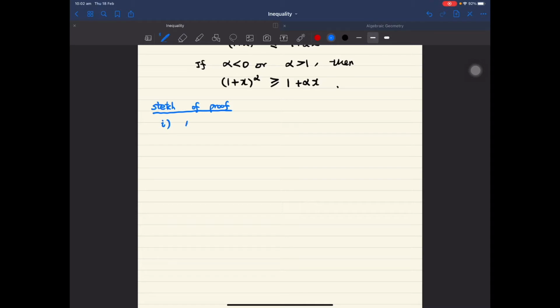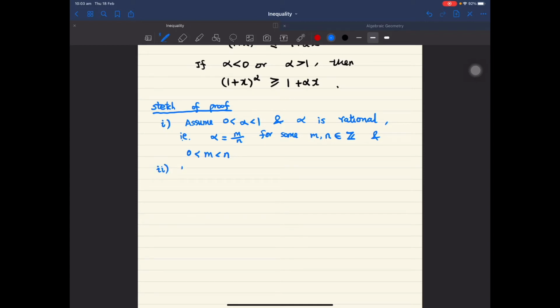First, in the first case, alpha between 0 and 1, we first assume that alpha is rational, that is, we can write alpha as m over n for some integers m and n, with m less than n, and greater than 0.